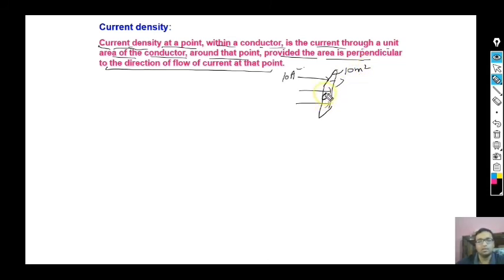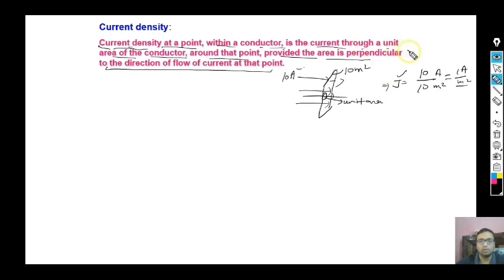Then if I ask how much current is flowing through this particular unit area, you will say current per unit area will be total current upon total area, that is 10 ampere upon 10 meter square, and it will be 1 ampere per meter square. That means this much current is flowing per meter square area. This thing is called current density.